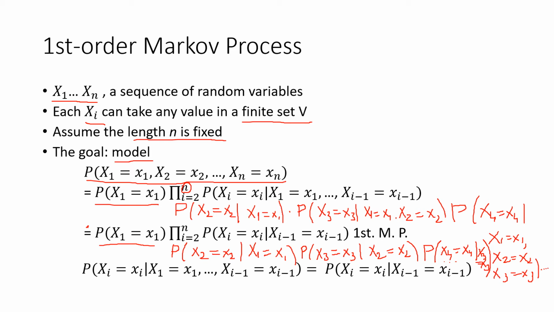So we can write this generic form of a conditional probability of a variable given the history, so that we can approximate it. We approximate this probability by a probability of a variable given only the previous word, that is the value of the previous random variable.